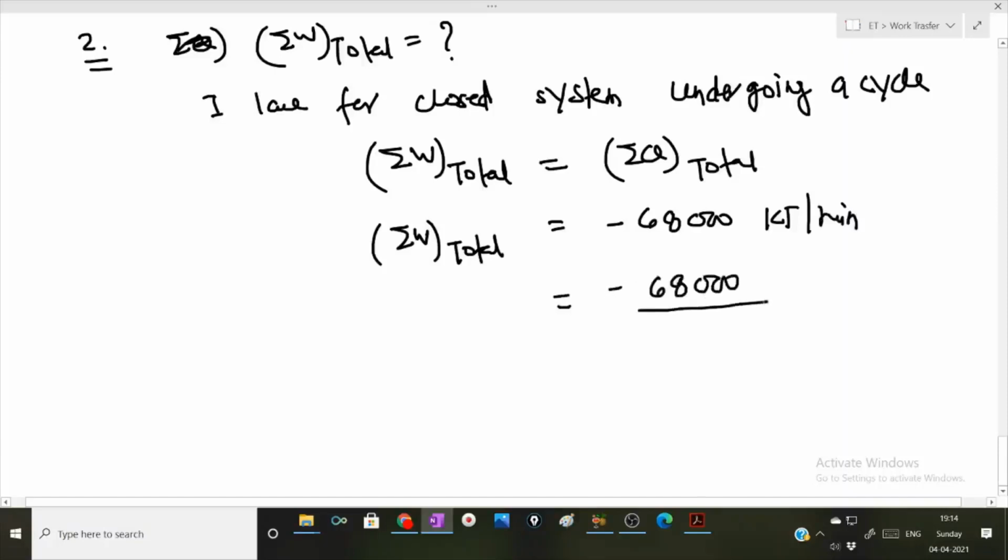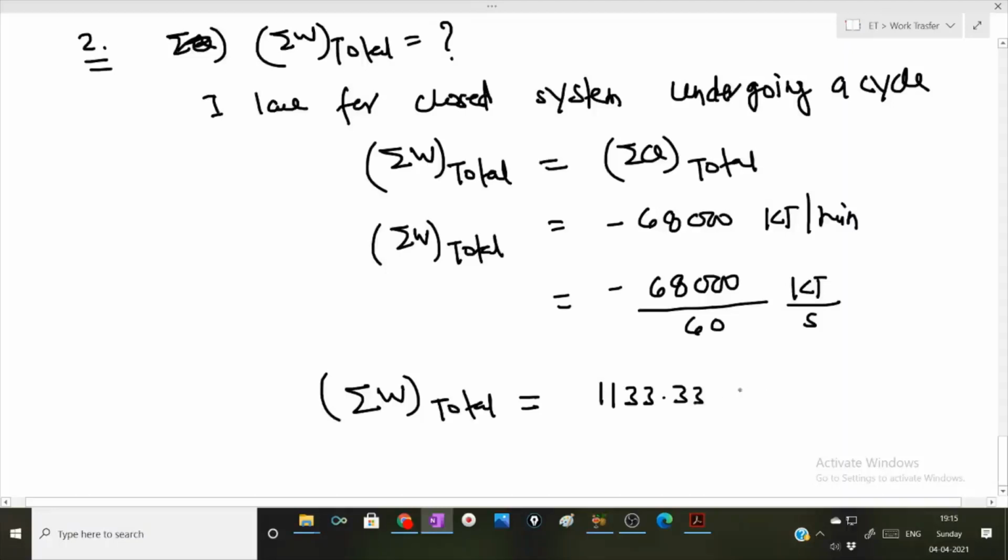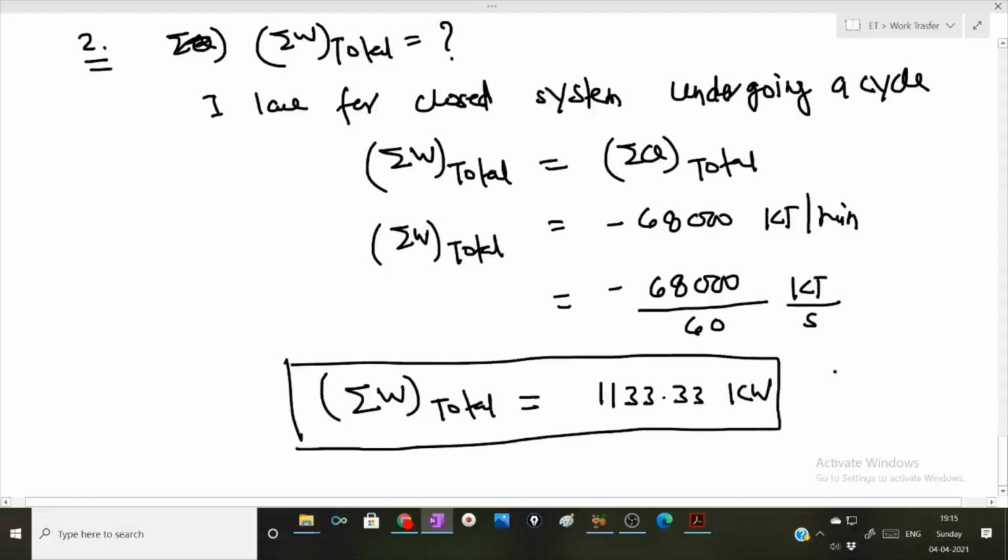So I will be dividing this by 60. This will become kilojoule per second. So total work transfer during this cycle will be 1133.33 kilowatt. So this is the required answer for part 2.